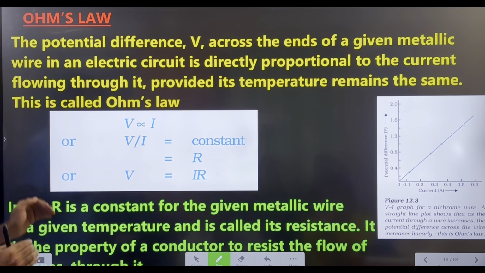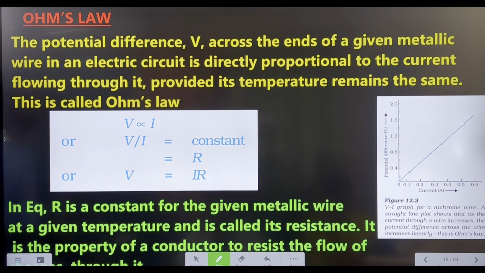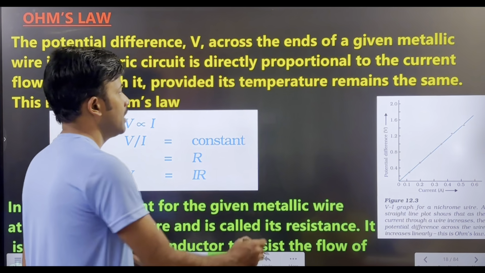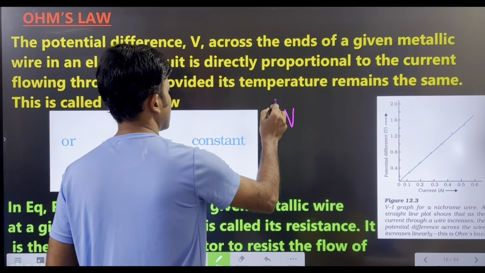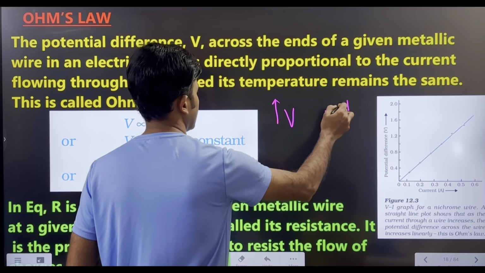Now you see Ohm's law defined like this: the potential difference V across the ends of a given metallic wire in an electric circuit is directly proportional to the current flowing through it, provided its temperature remains the same. This is called Ohm's law. When you increase the voltage, current flow in the circuit also increases.